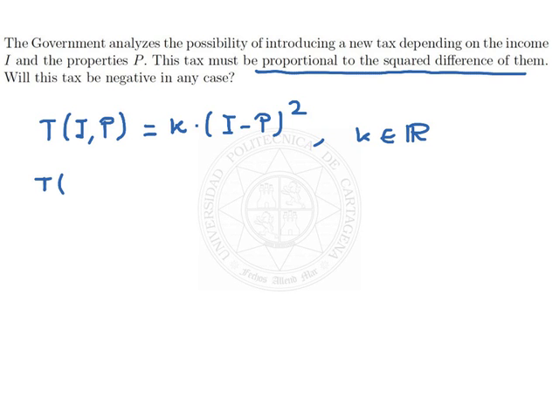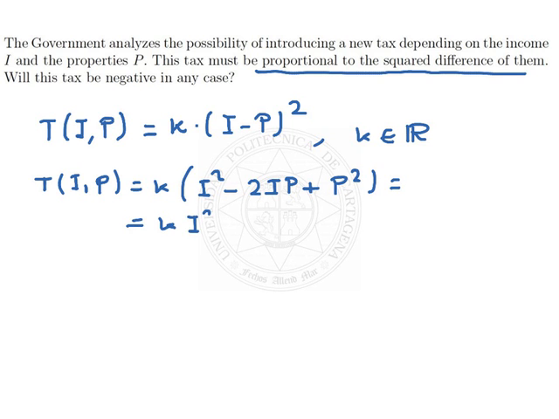I calculate now this expression. T would be k times I square minus 2IP plus P square, which is kI square minus 2kIP plus kP square.